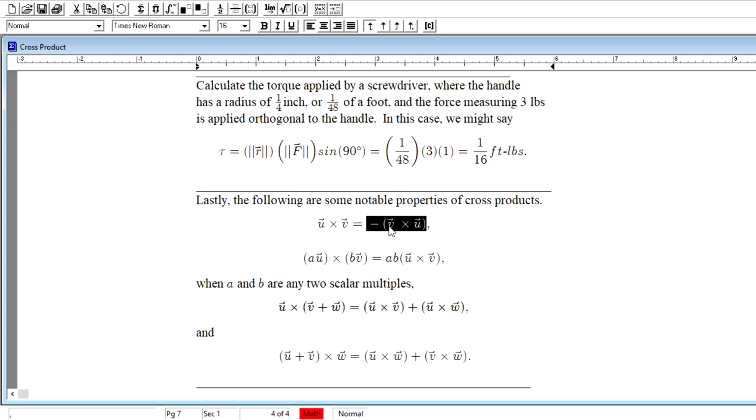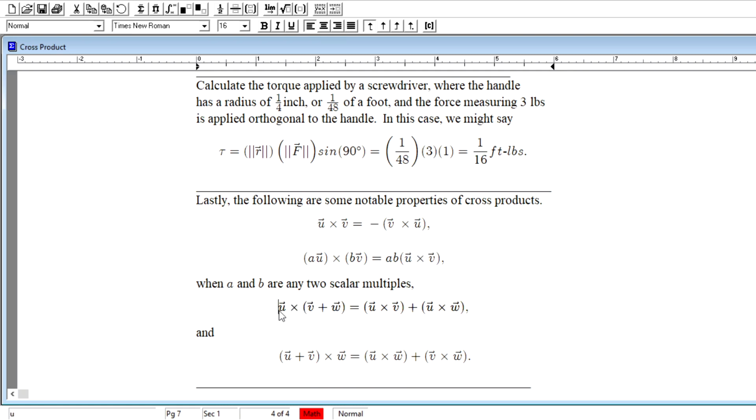You would get the opposite vector in terms of its direction, right? As for scalar values, the cross product of scalar multiples of two vectors is really just the product of the scalars times the cross product of the two vectors, right?